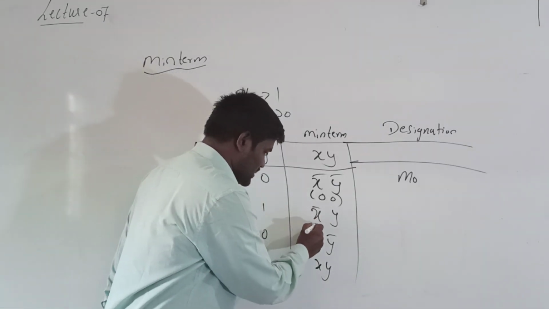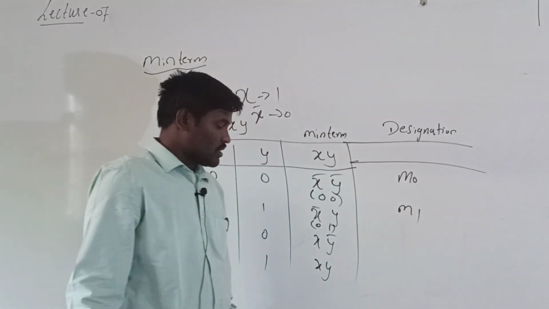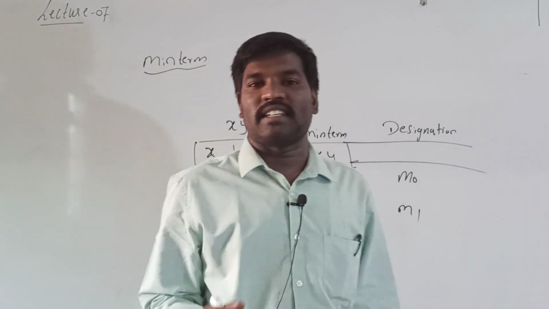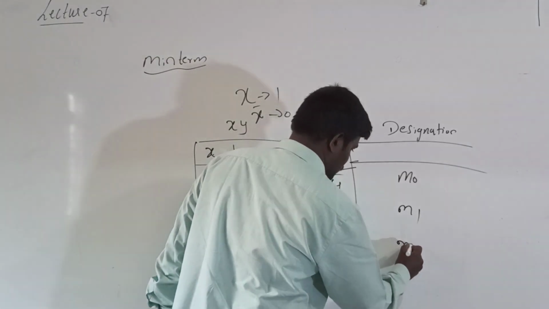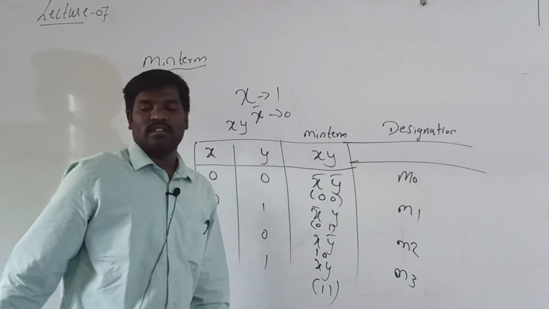Here 0 is there, here 1 is there, so that's why it is m1. Here 1 is there, here 0 is there. With respect to the binary, 1 0 indicates the 2, that is m2. Here 1 1 is there, so this is m3.